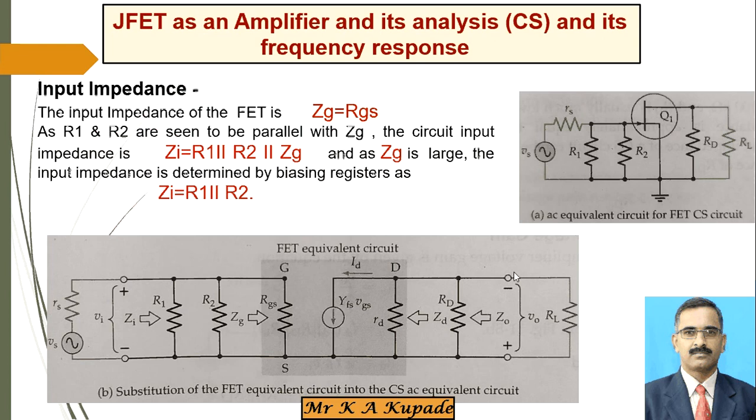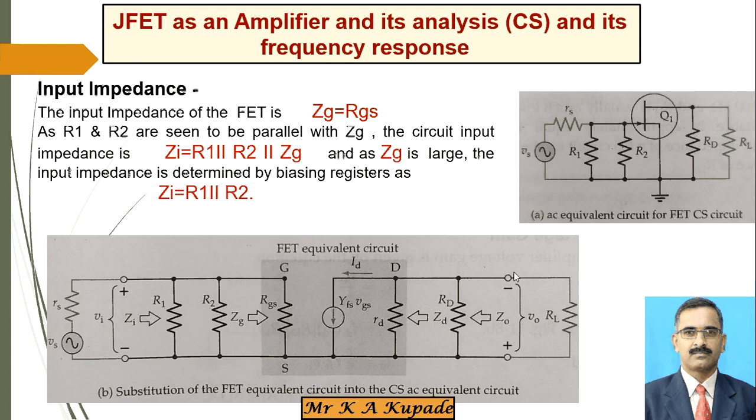But here, R1 and R2 are also considered for biasing purpose. By considering that, this particular Zg is in parallel with R1 and R2.